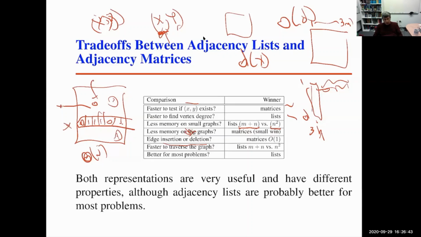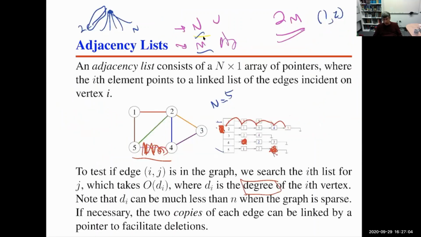Which is faster to walk over the entire graph? Well, if I have an adjacency matrix, the only way I can walk over the entire graph is by zoop, zoop, zoop, looking at all n squared elements. If, on the other hand, I have an adjacency list, I can walk over it by just walking over all n lists.